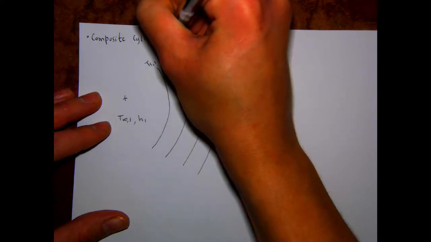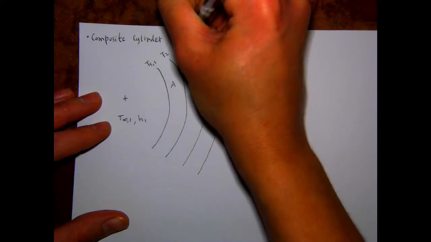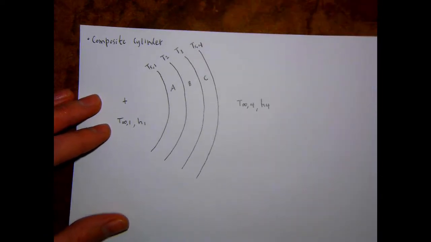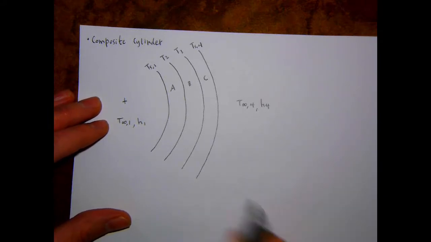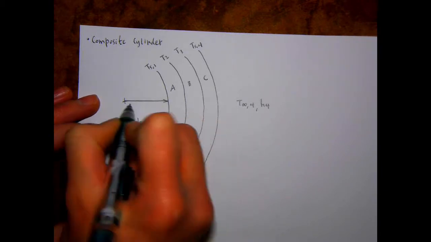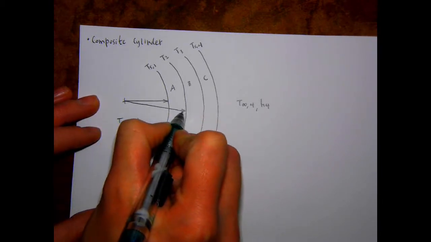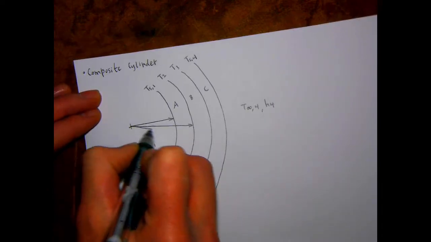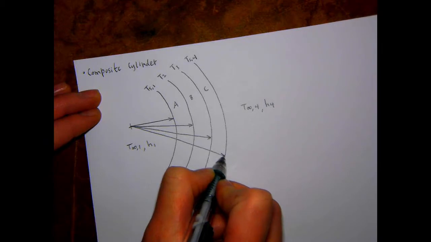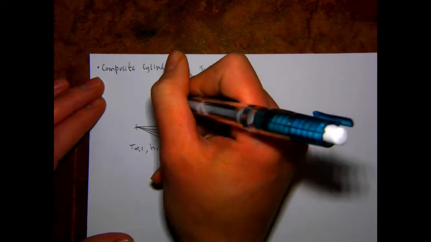TS1, T2, T3, and TS4. And then there's going to be various radial measurements going out to each of the components. So that's going to be R1, 2, 3, and 4.